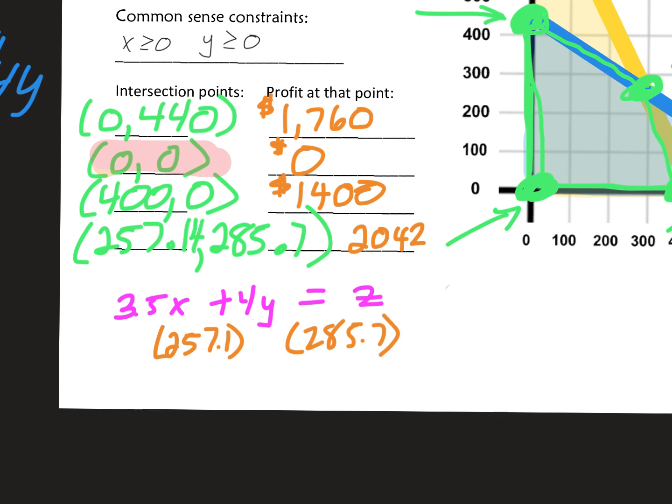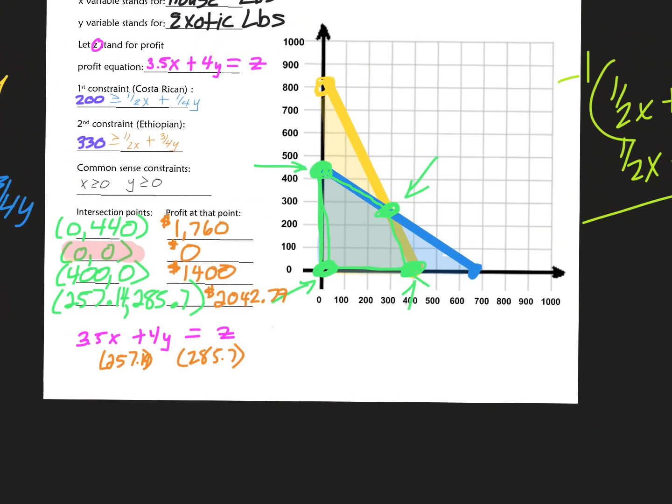Let me put the 4 back in here because we're talking about money. So I really need to use 2 decimal places. So I'm going to put in 257.14 instead. So that gets me a profit of $2,042.79. So which option would maximize his profit?